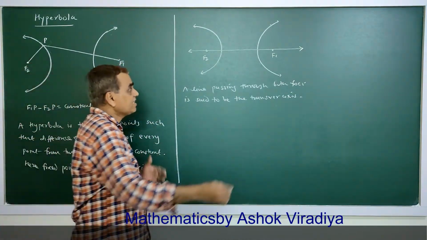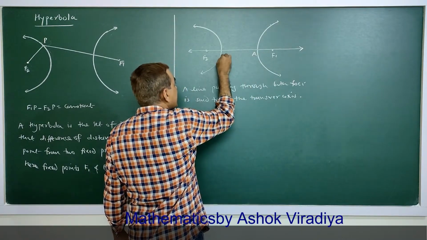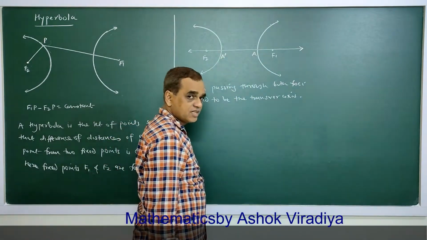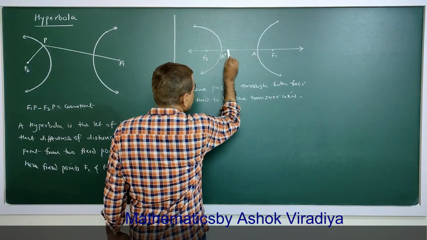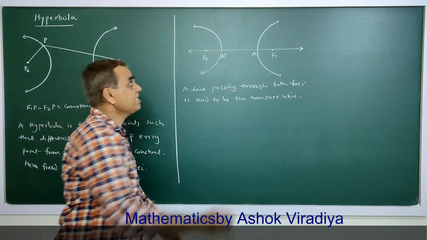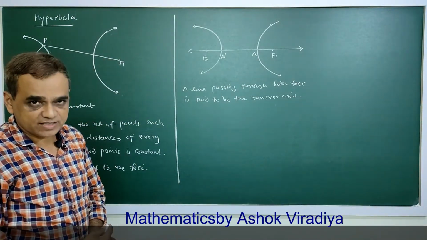Now if this line intersects the curve in A and A dash, then the length of this line segment A A dash is said to be the length of the transverse axis.